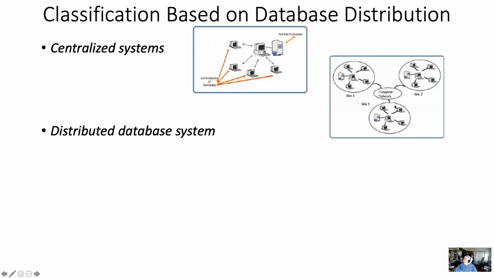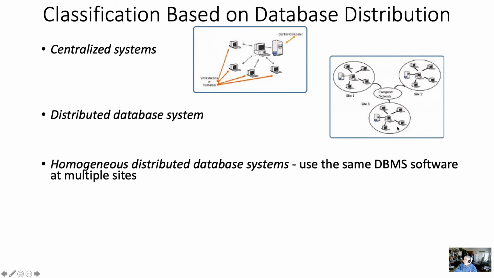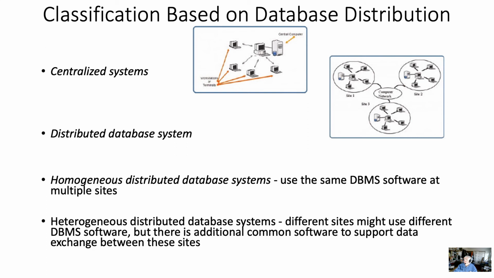They were all strapped together so that we were updating all the time. You can have a homogeneous distributed database system, which is the same database management software at multiple sites. And you can have a heterogeneous distributed database system, which is different sites may use different database management software, but there is an additional common software to support data exchange between these sites.